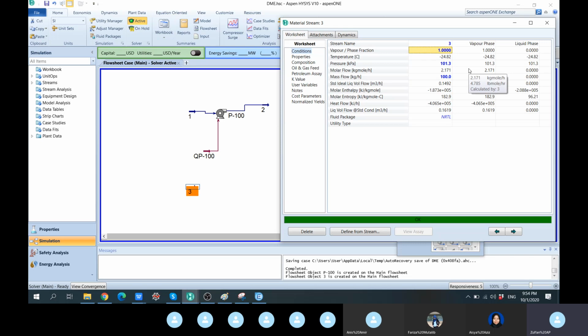If I put 0, what happens? It's saturated liquid. So what is then the temperature? I don't know, 70 maybe. Any better guess? Let's just put 0.